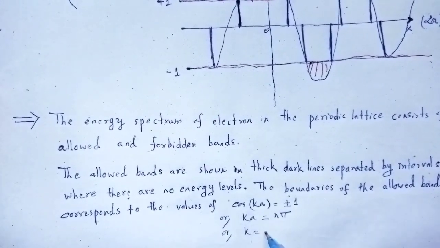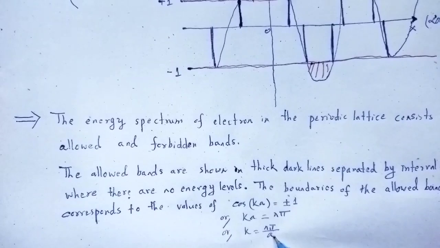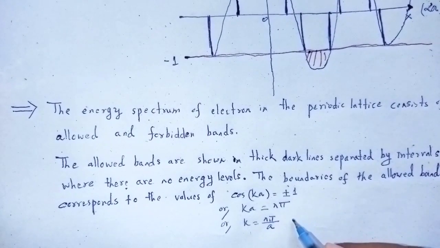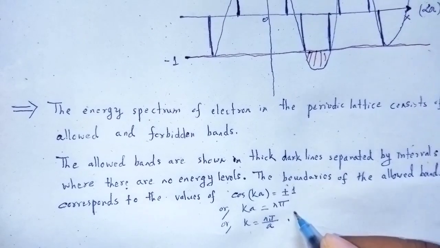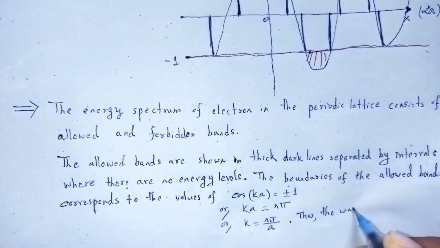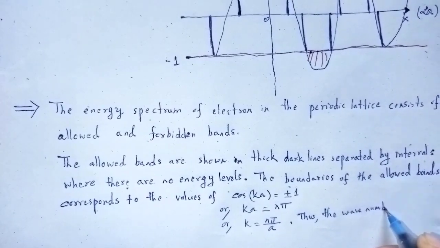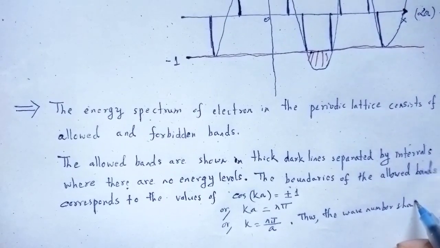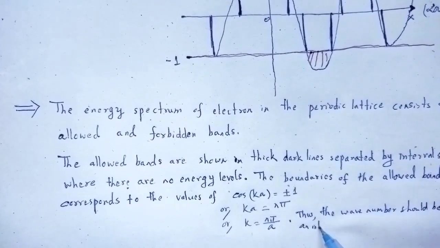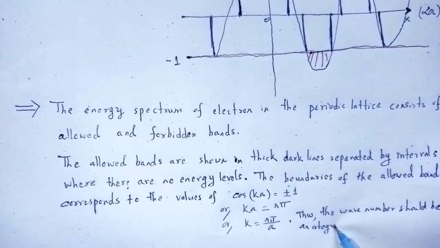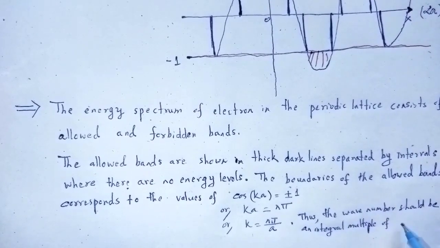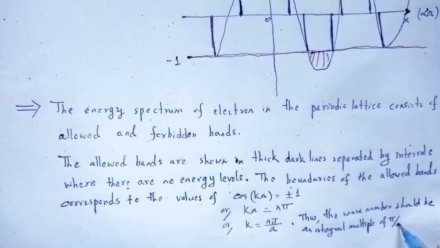Therefore, K is equal to n pi by a. Thus, the wave number should be an integral multiple of pi by a.